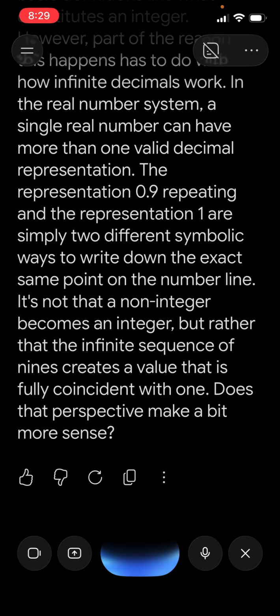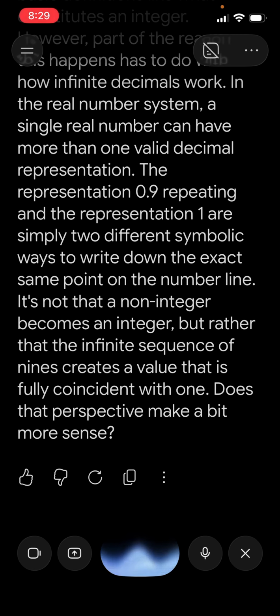Okay, the ending of your response is not true. You're saying that a non-integer equals an integer. A non-integer can't equal an integer. It's like saying that 1/3 equals 1, but it doesn't. But you're literally saying that a non-integer equals an integer.